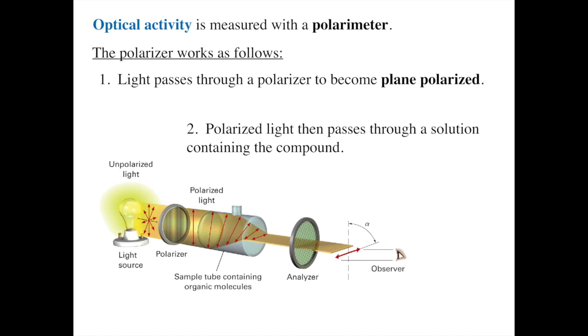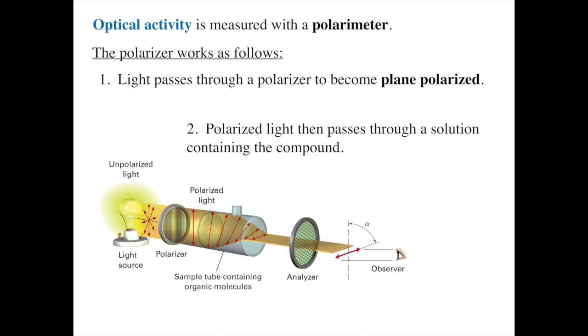So when we measure optical activity, like Biot did in the 19th century, we use what's called a polarimeter. And this involves polarizing light using a filter, a polarizer. You're familiar with these types of lenses with polarized sunglasses, for instance. So you have a light source, and electric field vectors are oriented randomly as they head toward the polarizer.